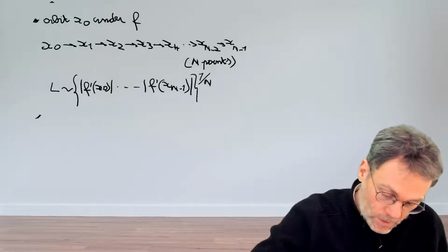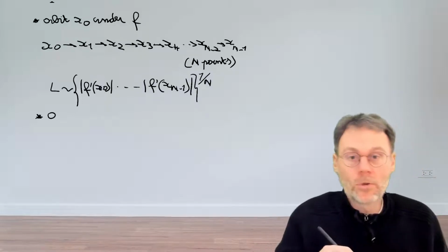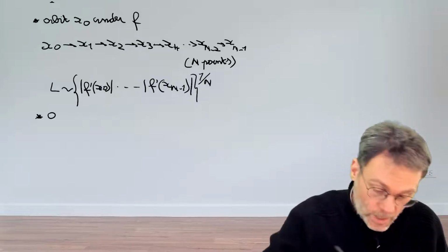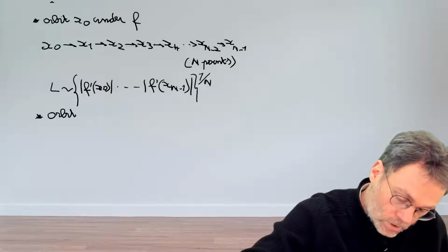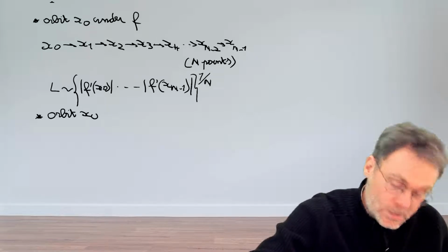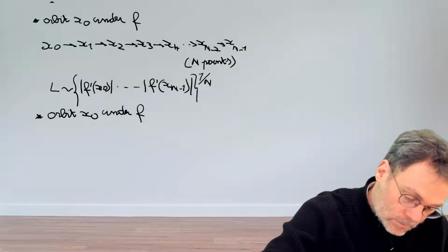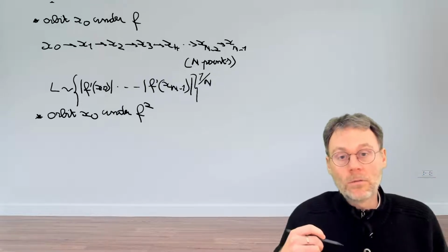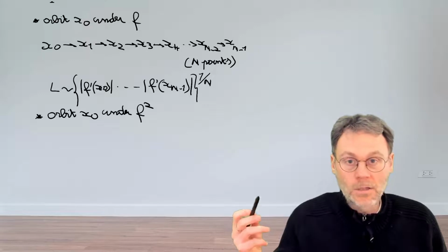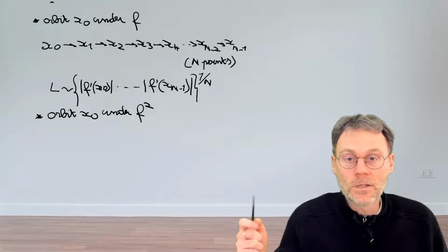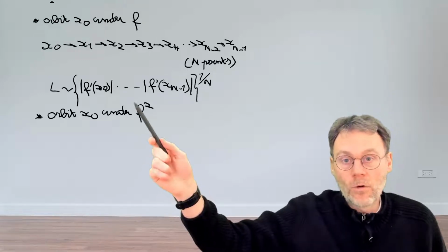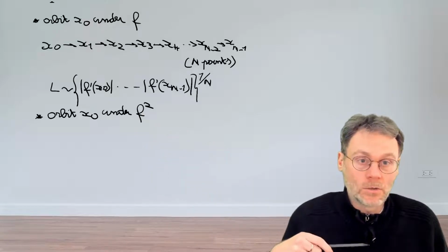Now, what we're really after is the same thing, but for the map F applied twice. So now we're going to look at the orbit of the same initial condition, this time under the map F applied twice. And in general, we're going to look at F applied n times, but just to make our life a bit easier notation-wise, we're going to focus on the map F applied twice.